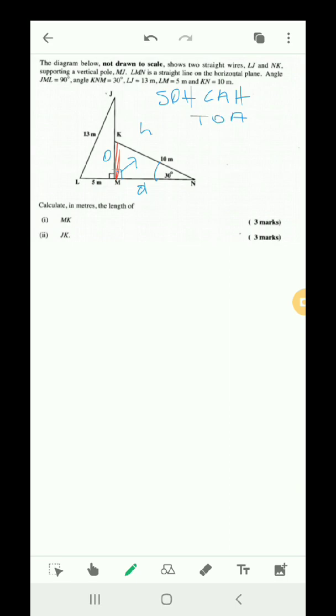And we'll have to choose one of these that we'll be using. Well, we know what the hypotenuse is, that's 10 meters, and we are trying to find the opposite. So we would choose this one. Sine theta equals opposite over hypotenuse.